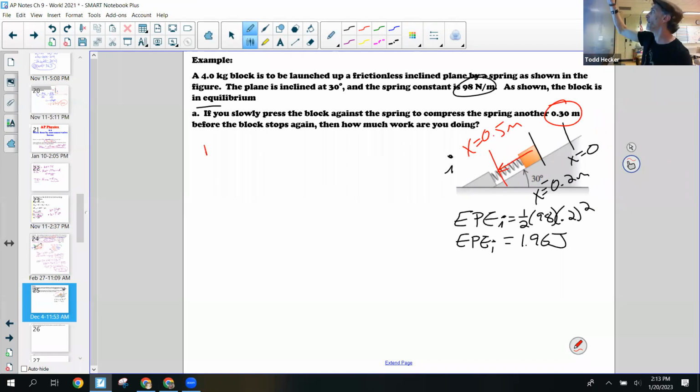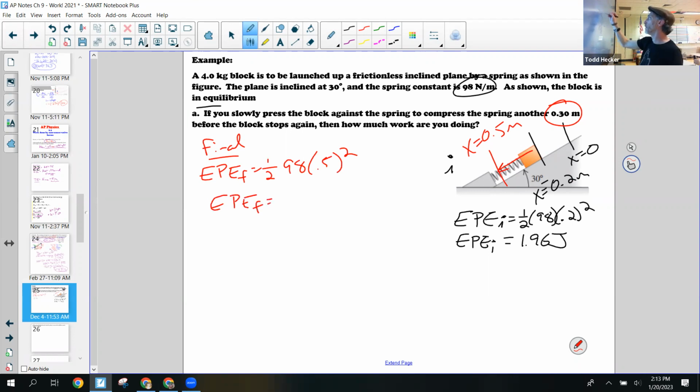So at our final point, we're going to have more elastic potential energy, because when you pushed the box down, you stored more energy in that spring. So 1/2 times k times x squared. The final elastic potential energy, if you figured it out, is 12.25 joules. Now, remember, work is about change in energy.